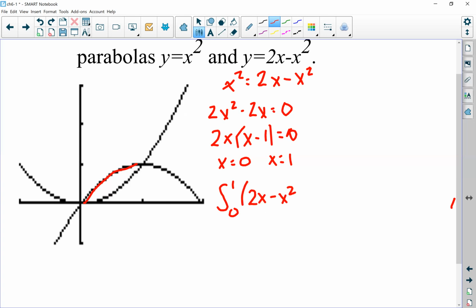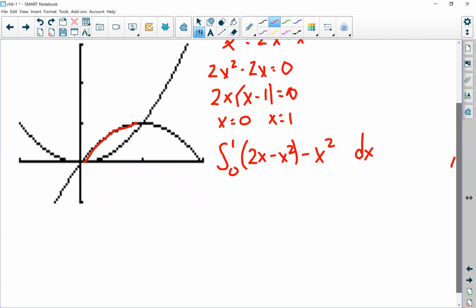And then we're going to subtract our other function, which is x squared. Again, I would, in this case, simplify a little bit.